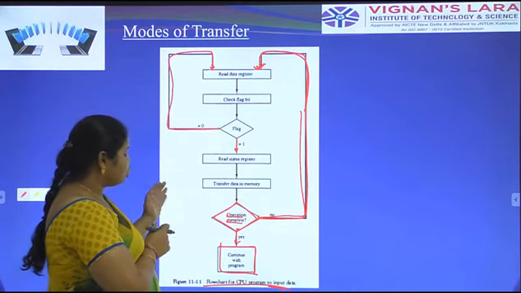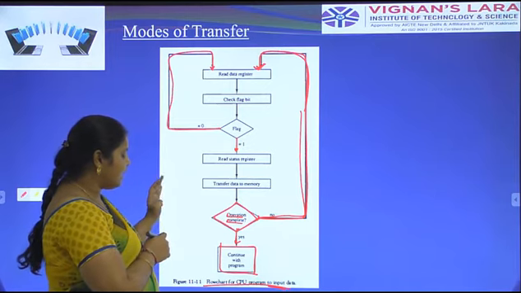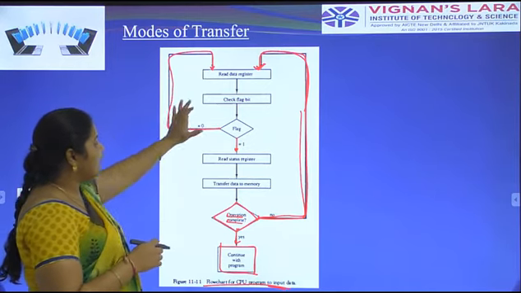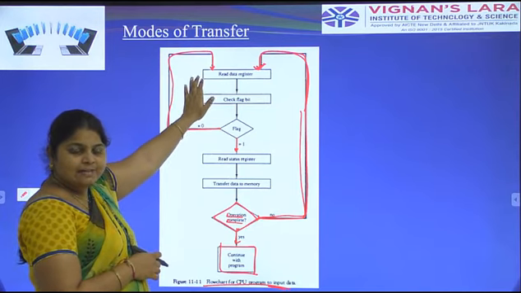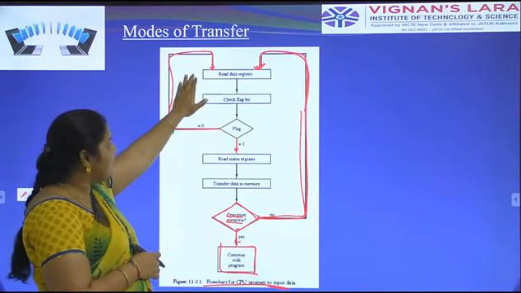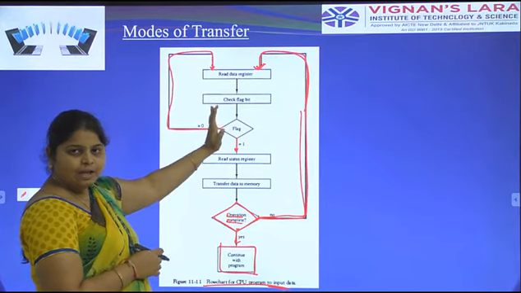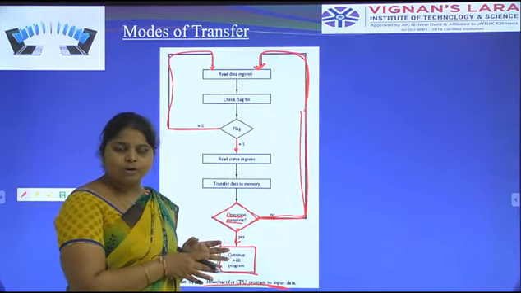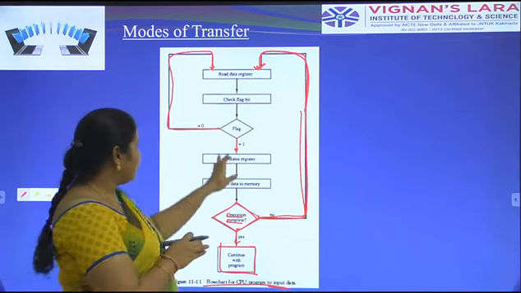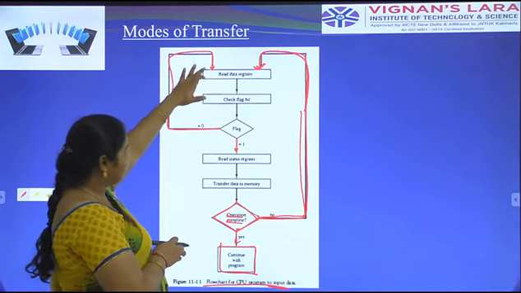This is the flow chart of the program for input data from the CPU. Here, read the data register from the IO devices, and then transfer to check the flag. The flag indicates whether the data is available in the data register or not. If the flag bit is 0, the loop is repeated again for the data.